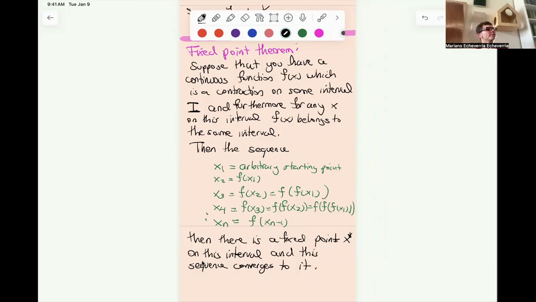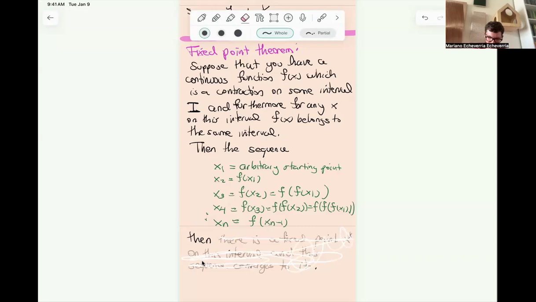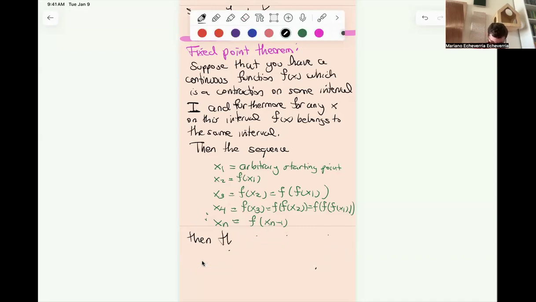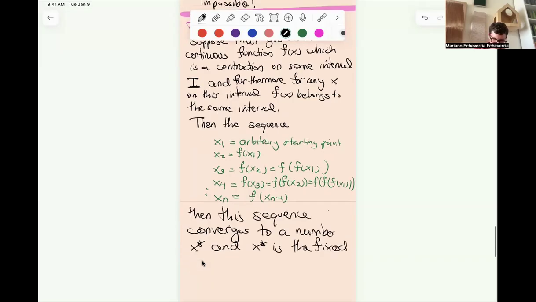Or let me actually write it in a different way. I'll write it as saying that this sequence converges and the limit is the fixed point of the function. It sounds less confusing this way. Then this sequence converges to a number x star, and x star is the fixed point of f on this interval.